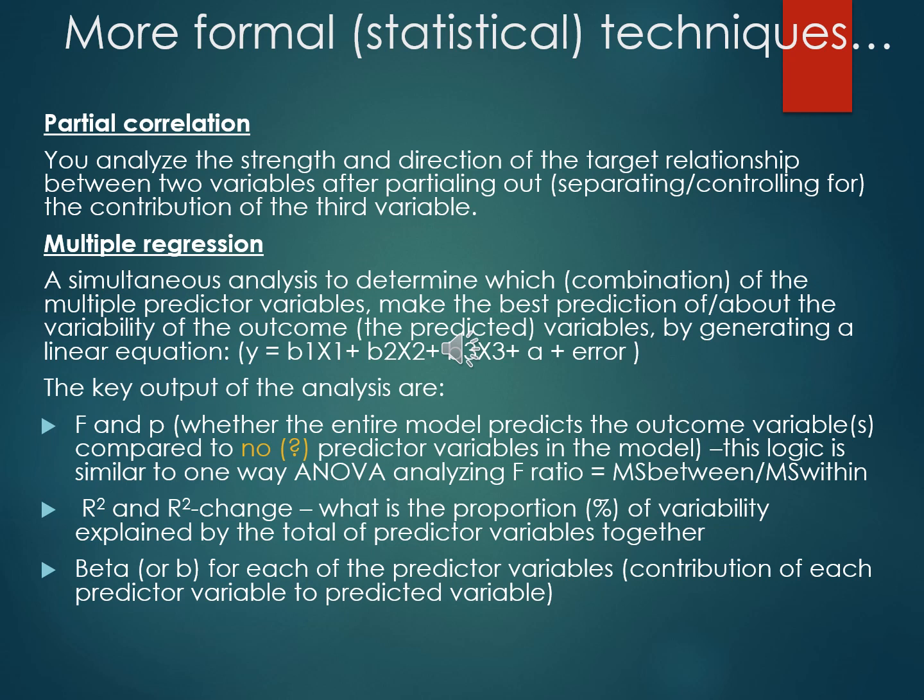In the partial correlation, you analyze the strength and direction of the target relationship after partialing out, that means separating or controlling, the contribution of the third variable. Also, there are different kinds of multiple regression available, and you can simultaneously analyze the contribution of different kinds of predictor variables.